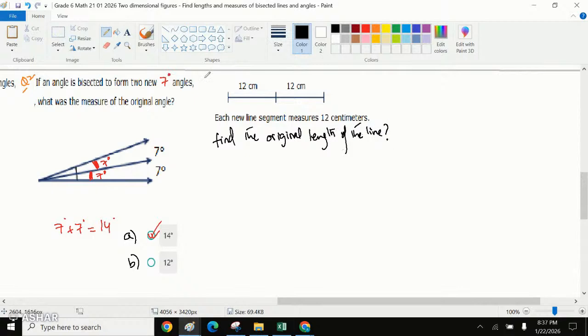The options given are, let's suppose the two options, option A is given as 6 centimeter and option B is given as 24 centimeter. So which option should be correct?